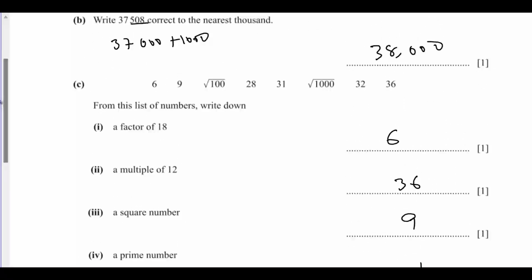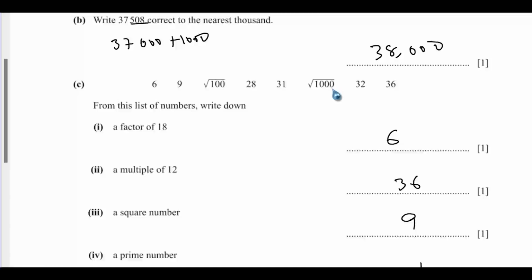An irrational number is a number that cannot be written as a fraction. That is, you cannot write it as p over q, where q is not equal to 0. So you can write 6 as 6 over 1, 9 as 9 over 1. Square root of 100 is 10, which could be written as 10 over 1. So this could be written as 28 over 1. This could be written as 31 over 1.